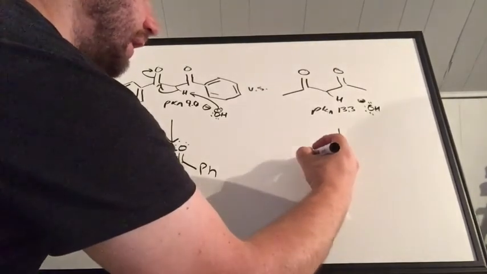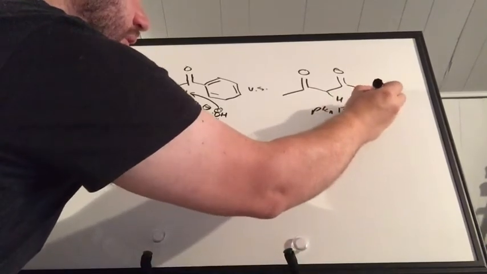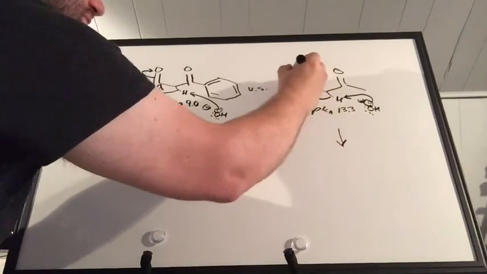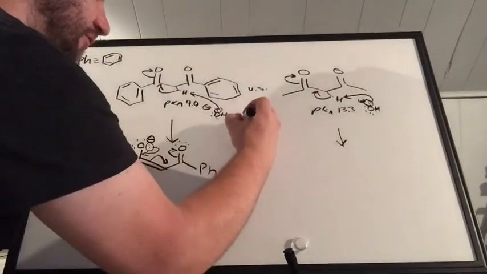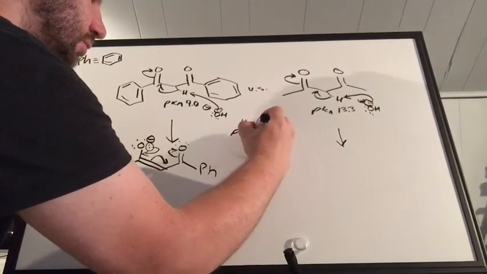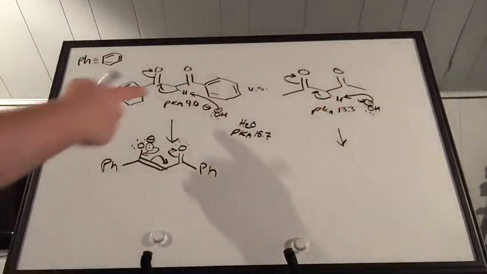Okay, so again, OH minus is going to behave as a good base. Why? Because the conjugate acid form, remember, water is going to be about 15.7. So if it's 15.7, that's higher than 13.3, higher than 9.